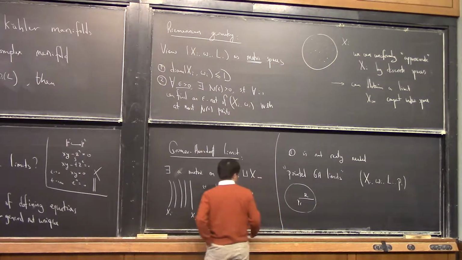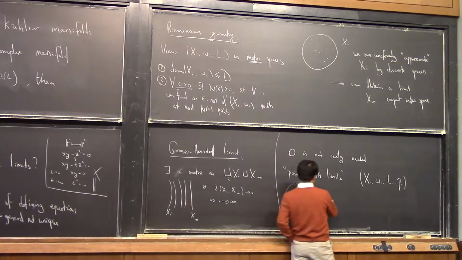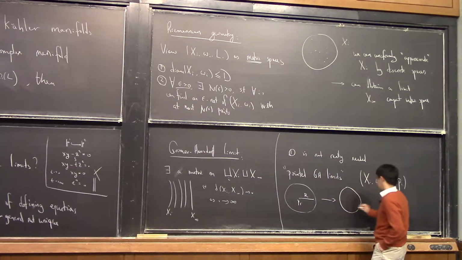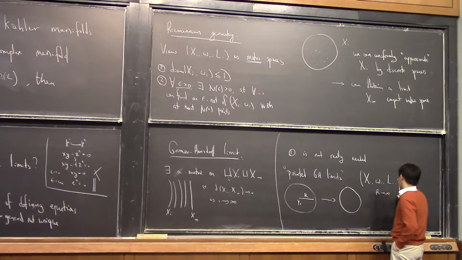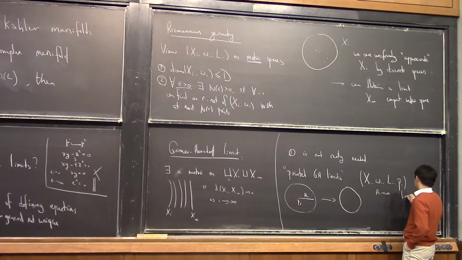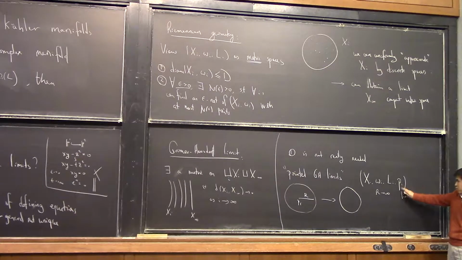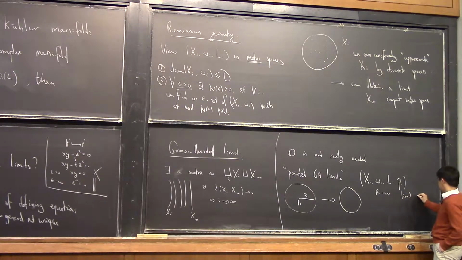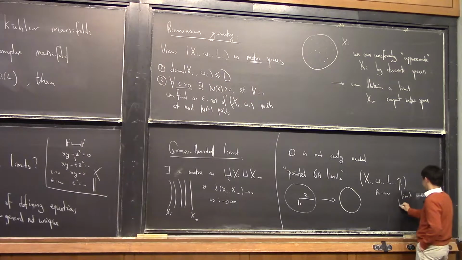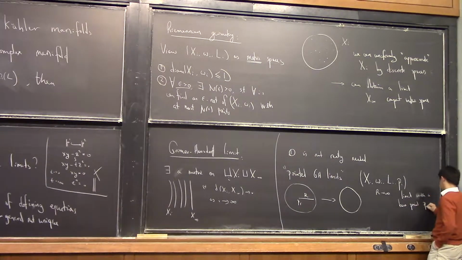And then we can let r go to infinity. So this converges to some limit, and as r goes to infinity, you get the limit with a distinguished base point, the limit of p_i, p infinity.